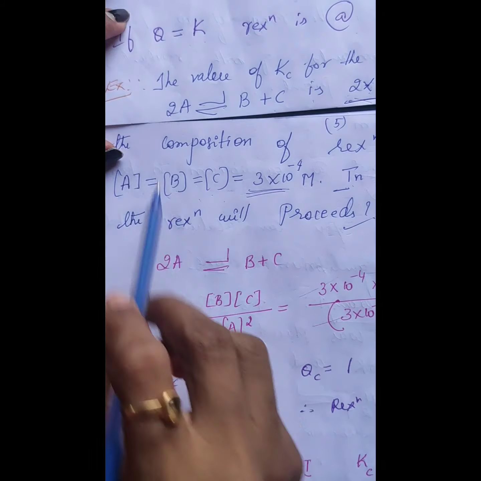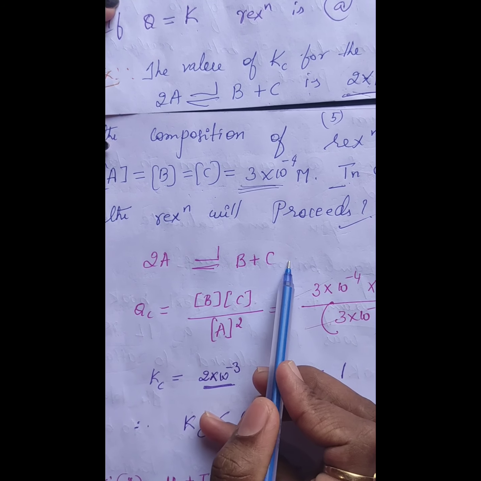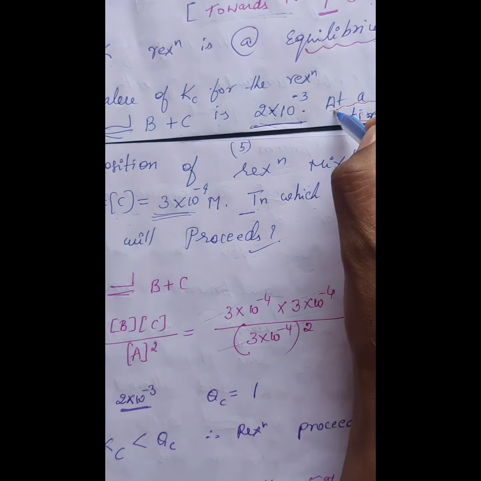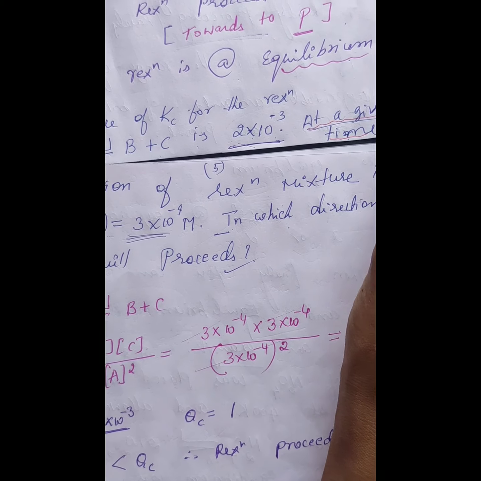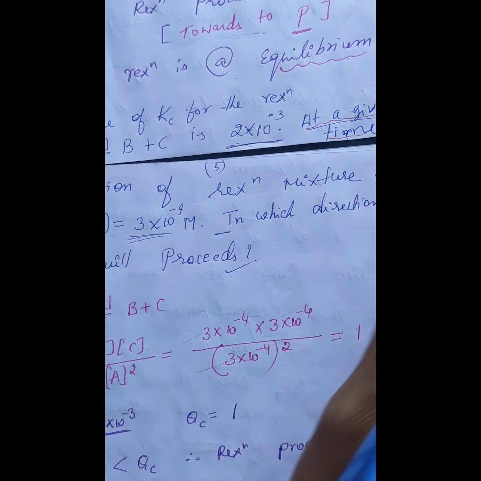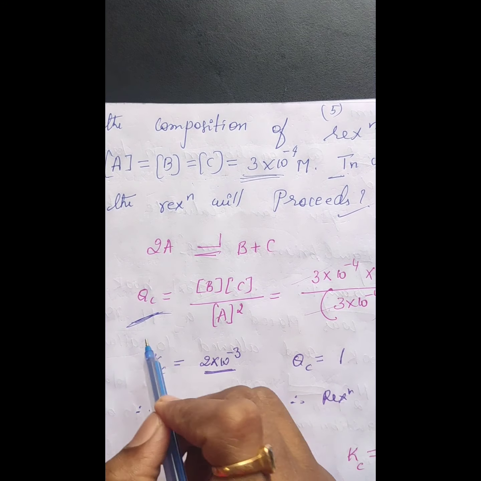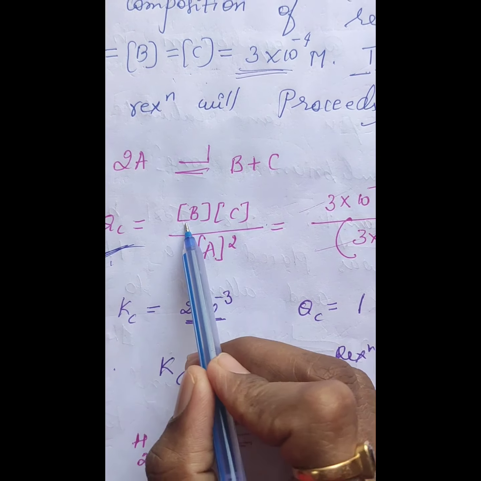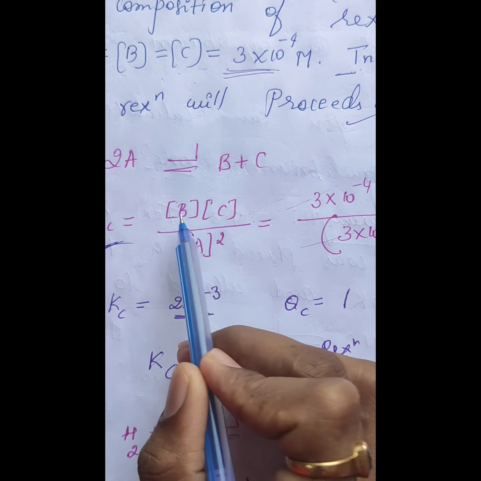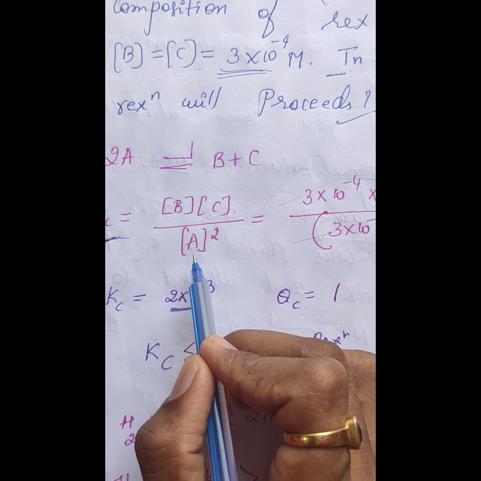Very simple. You follow the given reaction, 2A giving B plus C. As they have mentioned, at any given time, they have not mentioned at equilibrium, so based on that we consider the Qc expression. Qc will be equal to the ratio of the product of the products to the product of the reactants.